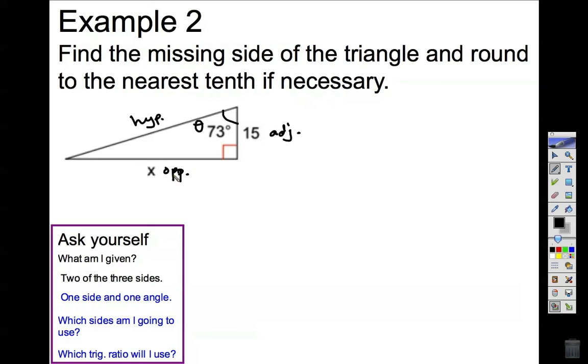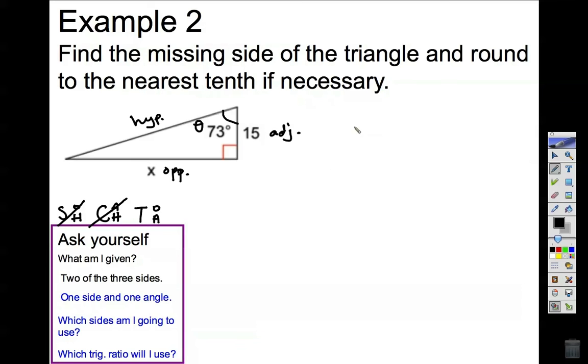So I'm using opposite and adjacent. Opposite and hypotenuse, that's not what I'm going to end up using. Cosine is adjacent over hypotenuse. I am using adjacent but not hypotenuse. Tangent is equal to opposite over adjacent, so I'm going to end up using tangent.